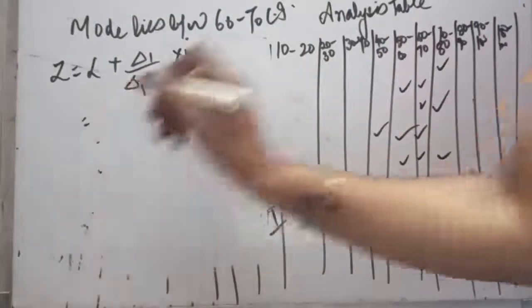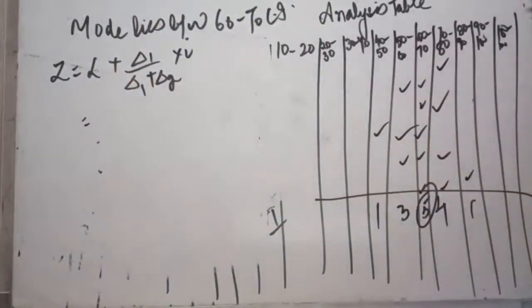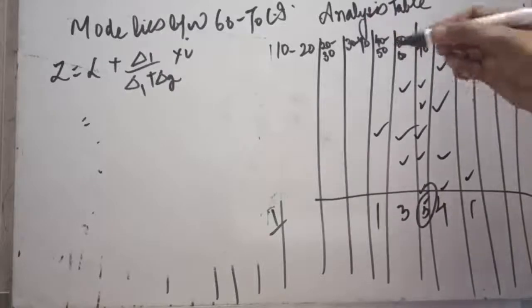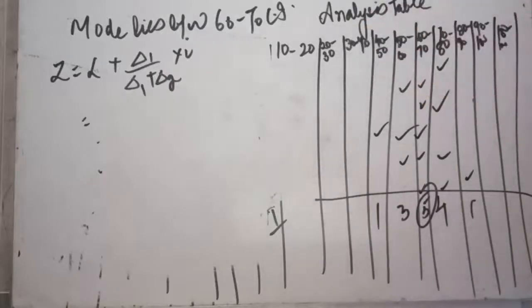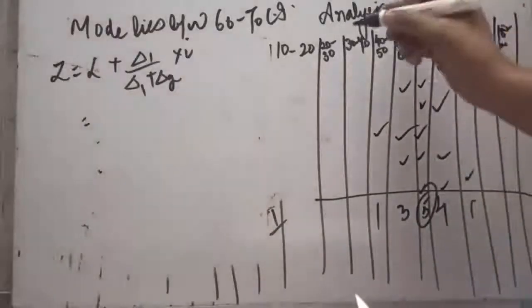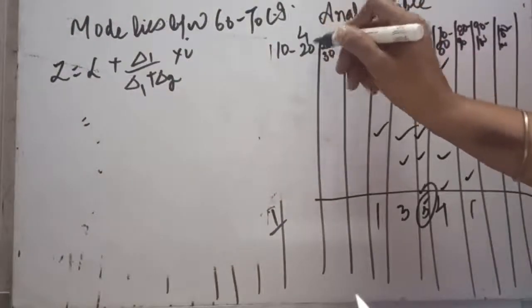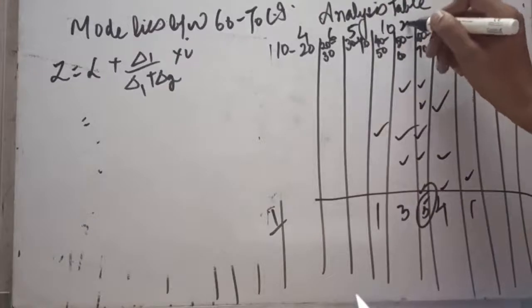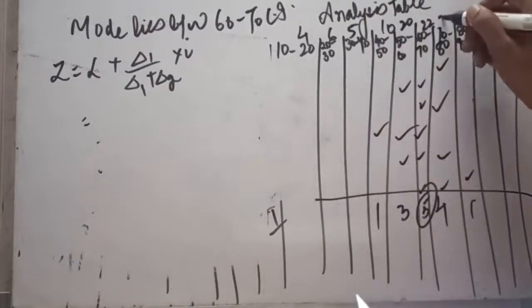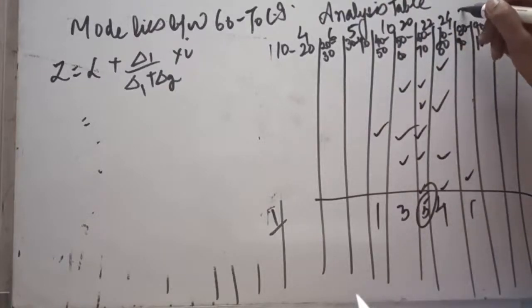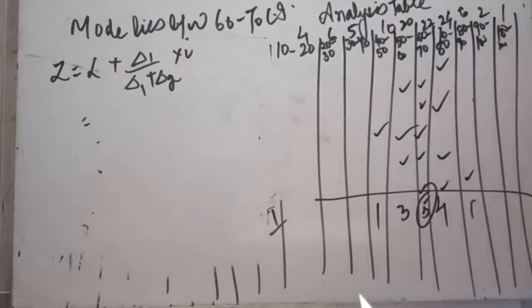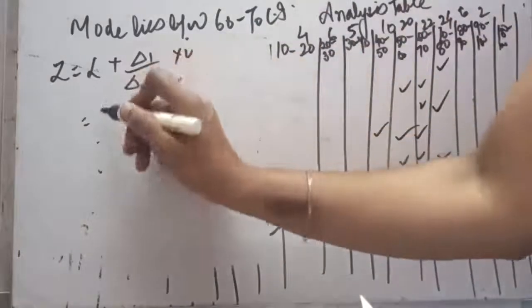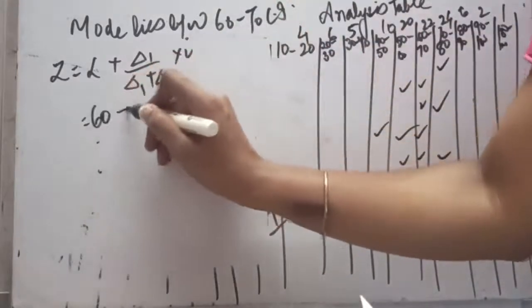So if we look at our question, our original frequencies in the question were given according to this class interval. They were like this: 4, 6, 5, 10, 20, 22, 24, 6, 2 and 1, that we have seen in the table. Now our lower limit where our modal value lies is 60.